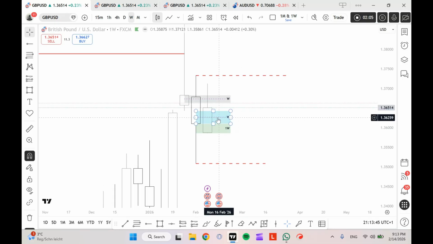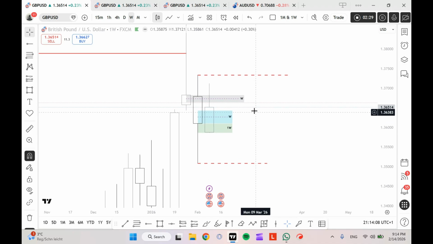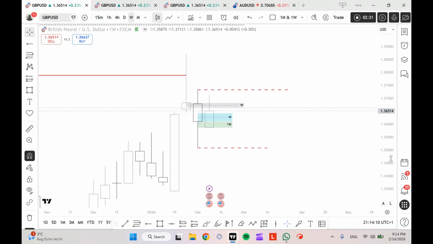Looking on weekly, I do see this inverse imbalance. Then I do see this order block, and this is a valid order block in my point of view, which pushed the price lower, and this is a bearish range.